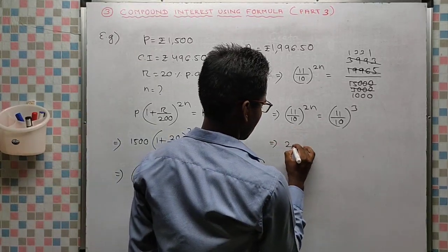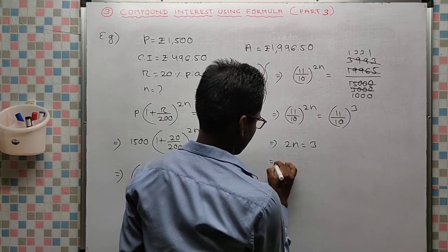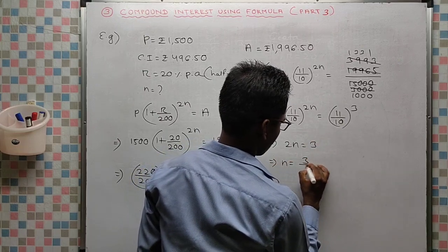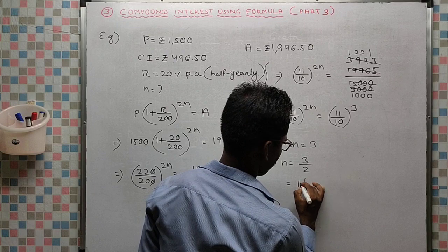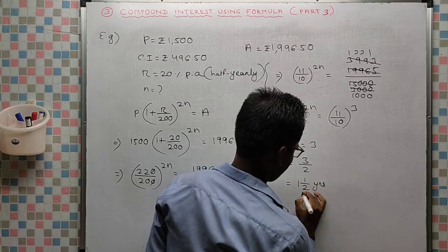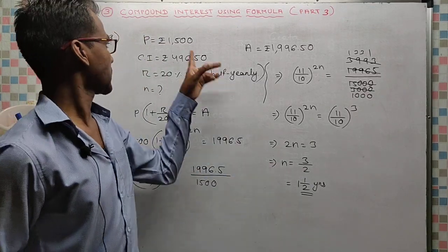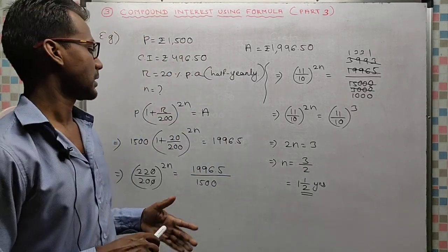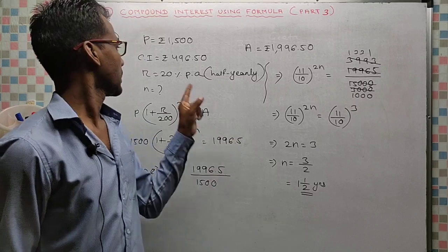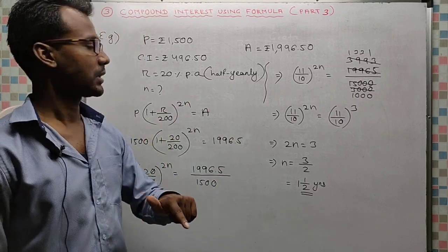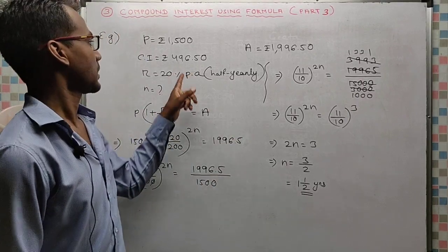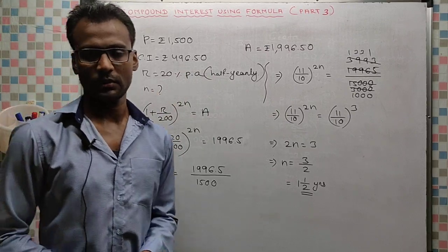So 2n is equal to 3, n is equal to 3 by 2, that is 1.5 years. So if this money, 1500 rupees, is invested for 1.5 years at 20% per annum half yearly, then it will give compound interest of 496.50 rupees.